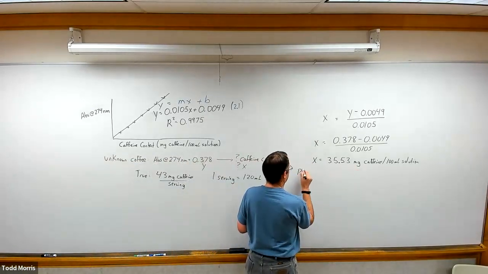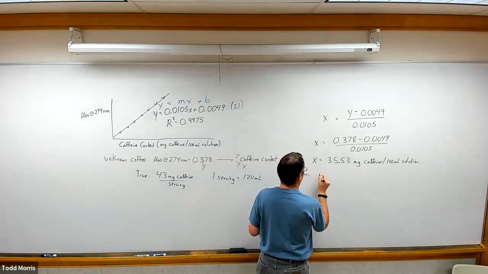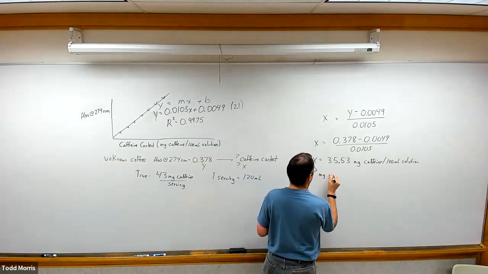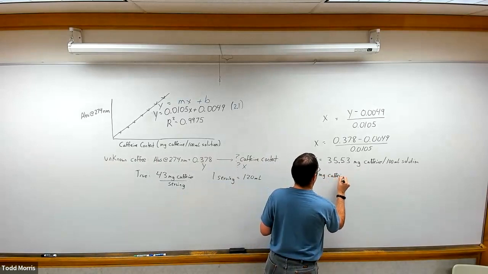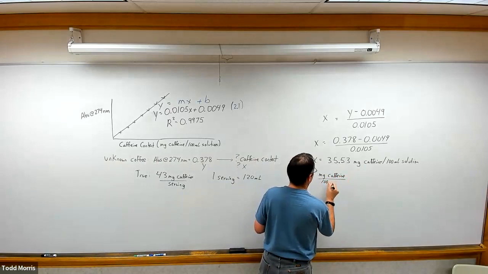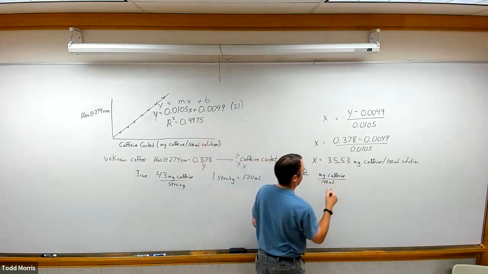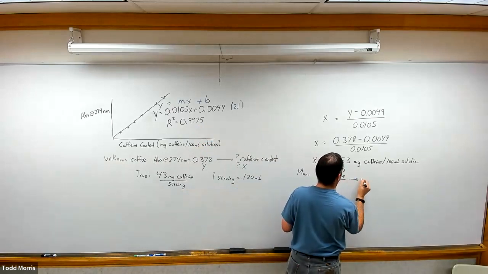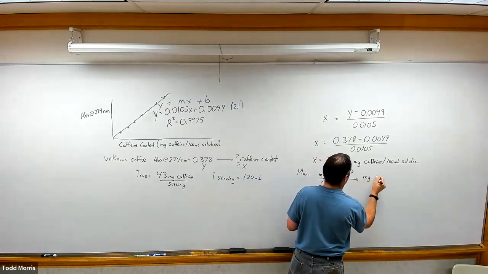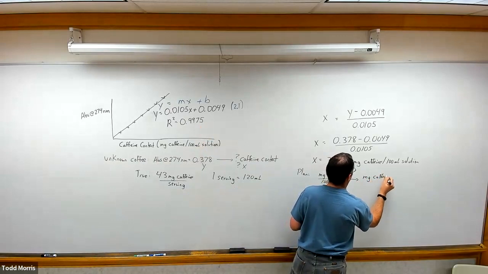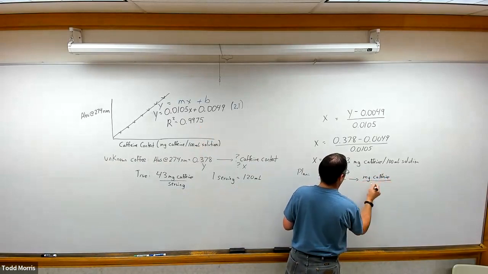So my units, I plan here. I have units of milligrams of caffeine per 100 milliliters. That's my value I found from my equation 2.1. And I want to convert that to what's on the label, which is in milligrams of caffeine per serving.